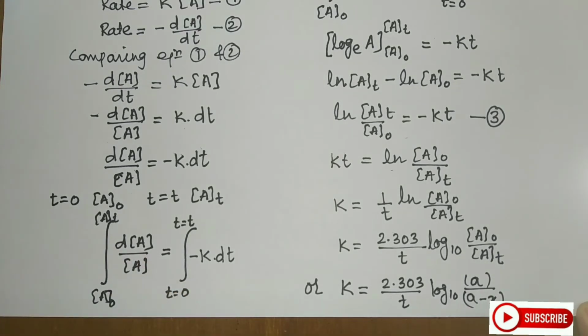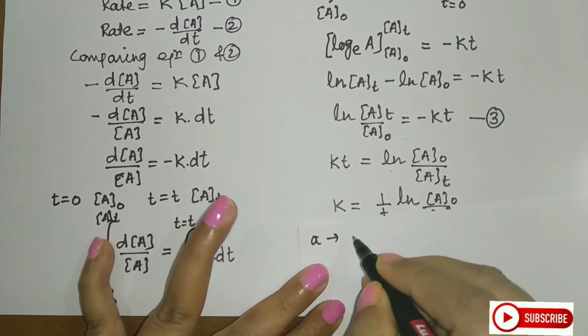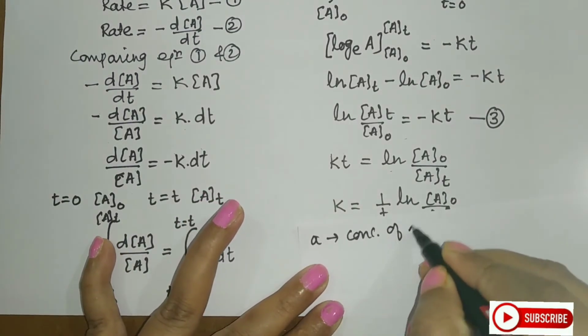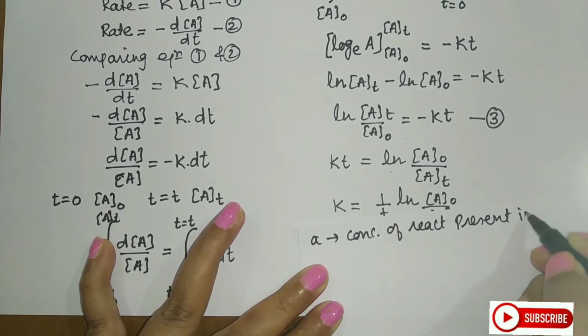Now let us understand what the terms which are involved in the equation mean. This particular k is the rate constant, or it is also called the velocity constant. 2.303 is a constant. Now what is a here? So a, the small a, is the concentration of the reactant present initially.